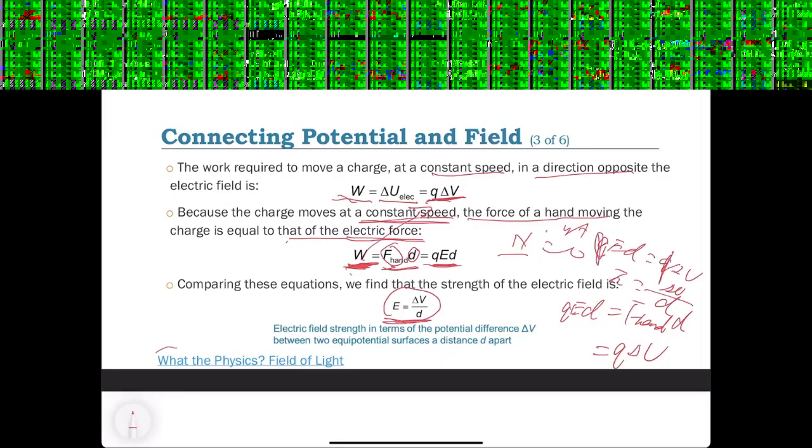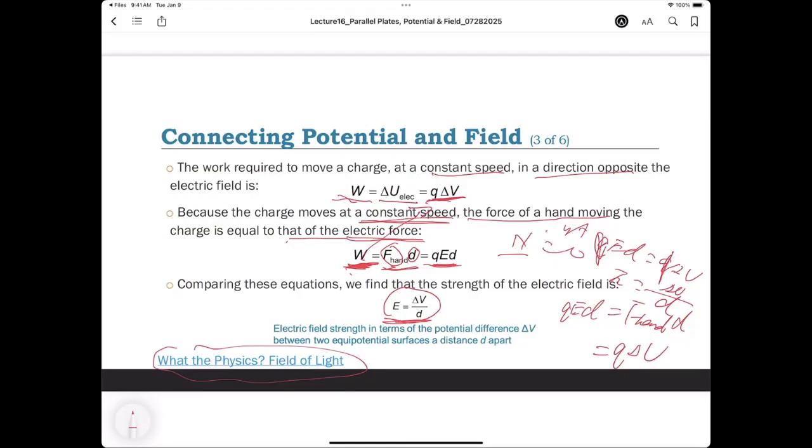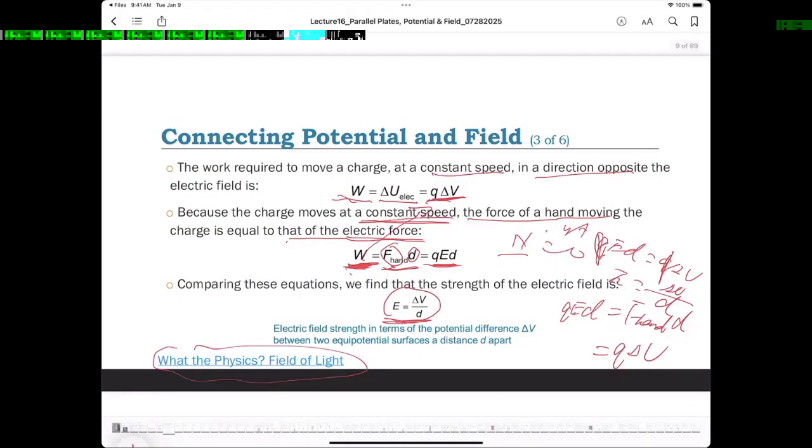You can also see a video about this, but I will not play it here to save time. Okay, let's continue. This is how this equation is obtained: the electric field strength in terms of the potential difference delta V between two equipotential surfaces a distance d apart.